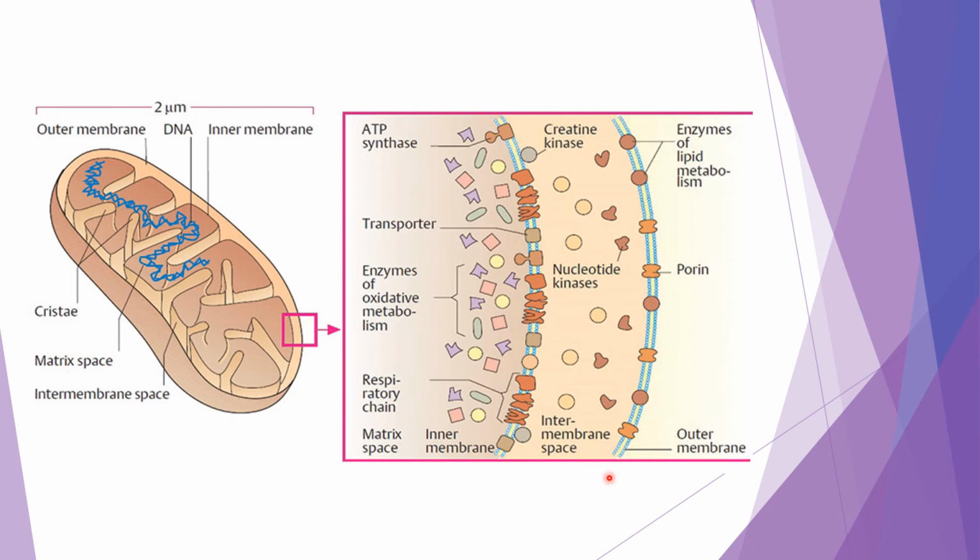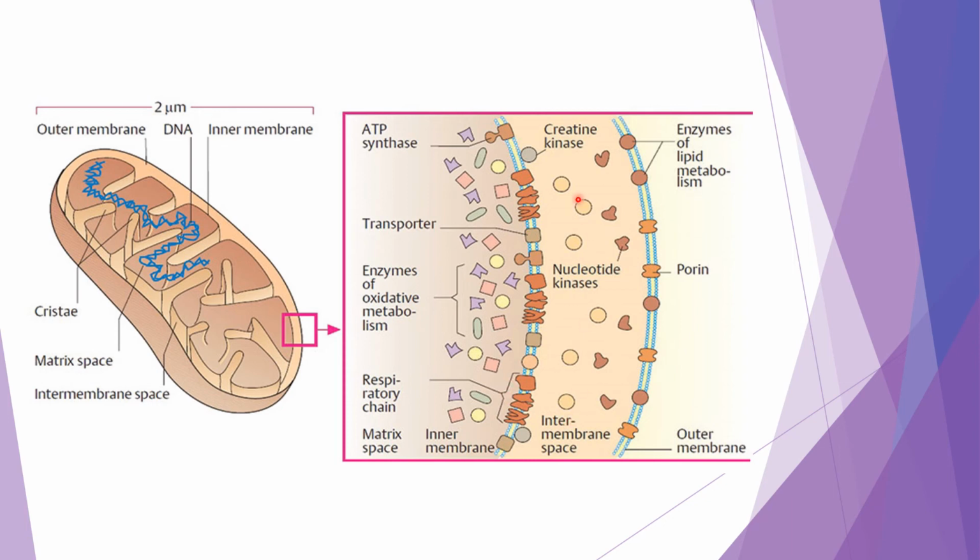So now looking into the intermembrane space and at the structure of the outer membrane and the inner membrane, you can see the presence of porins only in the outer membrane. And these porins will allow molecules to freely enter into the intermembrane space.